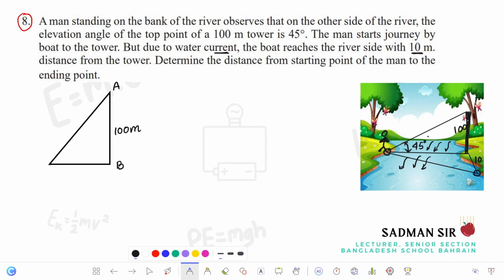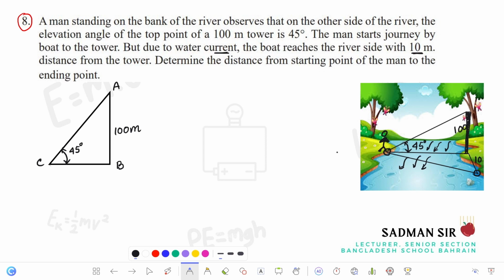So this tower is here now, and you can see that here we have formed a right angle triangle, correct? This is a right angle triangle that we have drawn here. So this angle, definitely we can say, if you find the similarity between the diagrams, should be 45 degrees, right? And let us say the point where the man is standing is C.